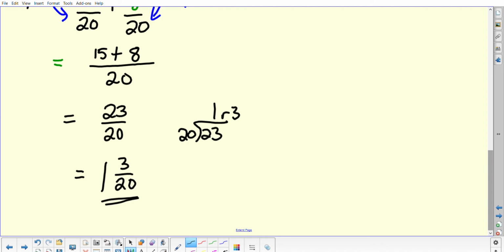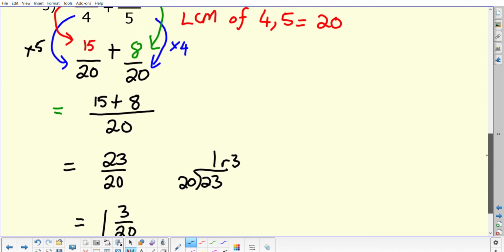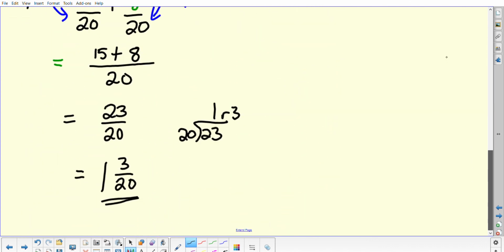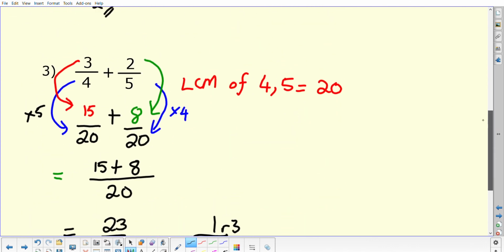So that's how we add or subtract fractions with different denominators. You are looking to change, right? The two fractions need to have the same denominator before they can be added or subtracted, and you change them into equivalent fractions in order to do that.